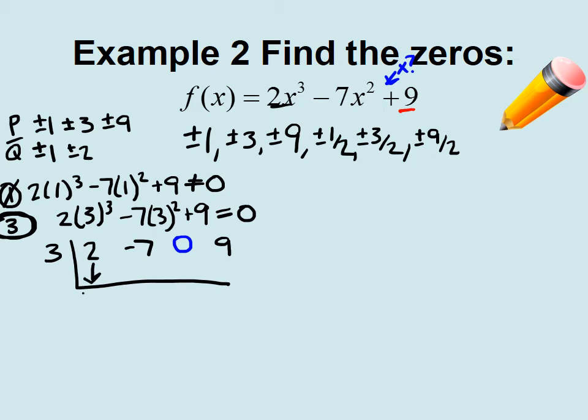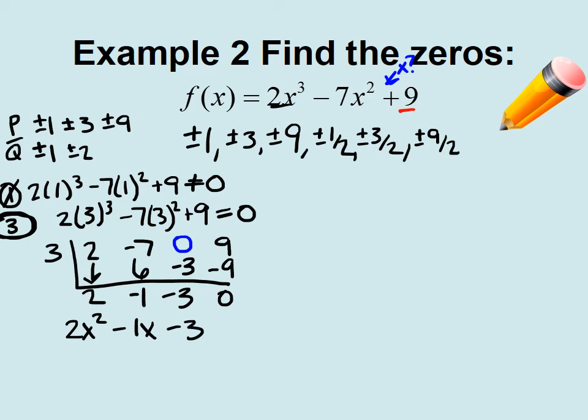Bring down your first value, which is 2. 3 times 2 is 6. Add them together, you get -1. 3 times -1. Add them together. 3 times -3, -9. We get that 0 remainder, which confirms it's a 0, but also simplifies our polynomial, as now we have 2x squared minus 1x minus 3.